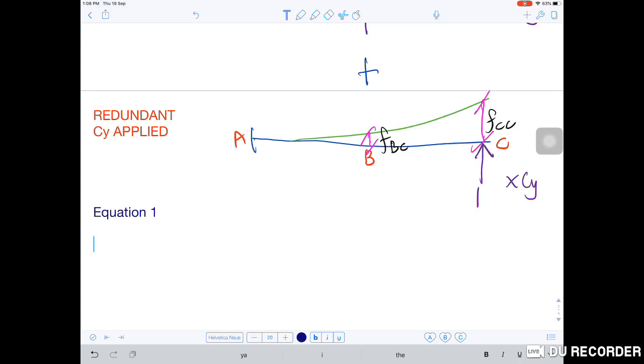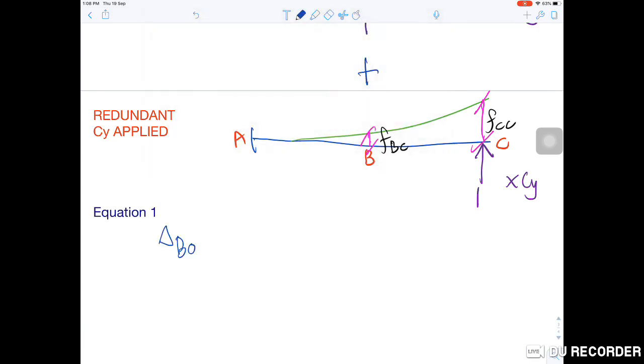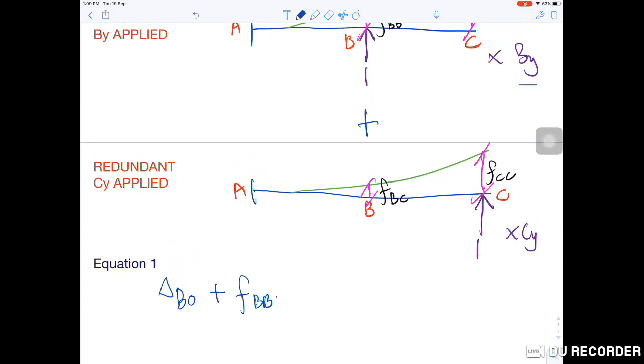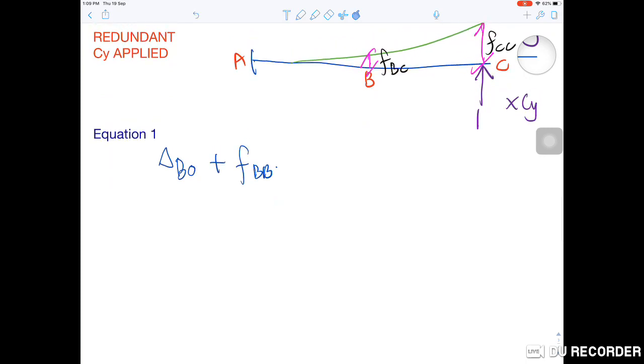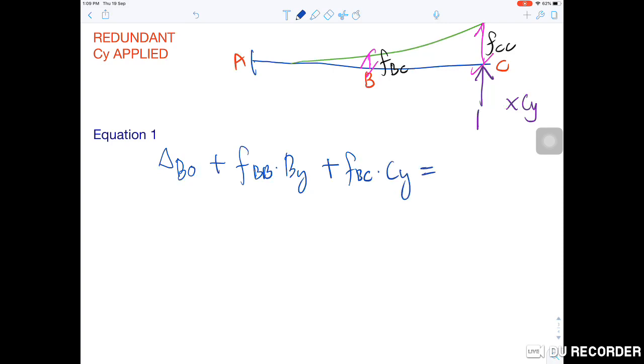So it is delta B naught plus FBB times BY plus FBC times CY, and this is equal to 0.